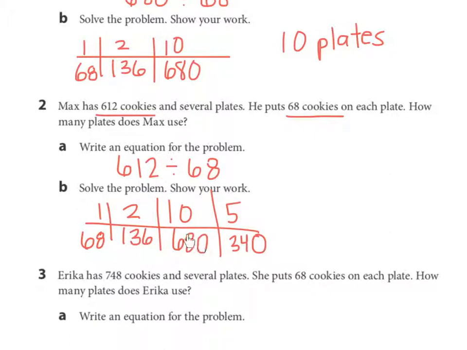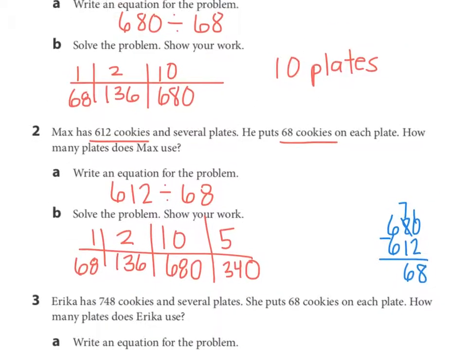So I know 10 groups is 680, 2 groups is 136. I wonder what's the difference between 680 and 612. Let's find that out, the difference. 680 minus 612. I'm going to borrow here to subtract. I have 8 and 6, 68. Ooh, 68 is the difference.